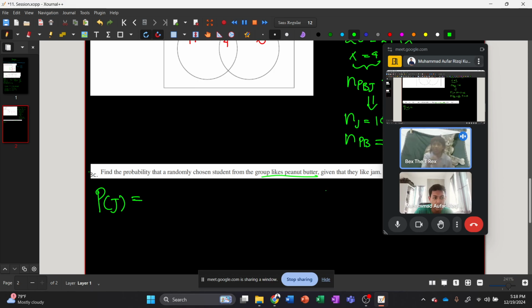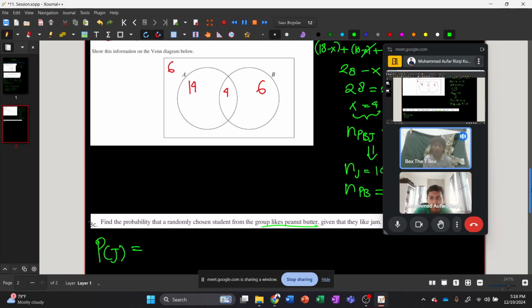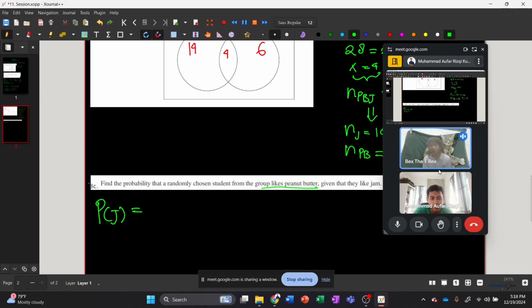The only difference is we're adding a 0 on the back of each number. So if 4 people in the group of 10 who like jam like peanut butter, that means 40% of that group likes peanut butter.